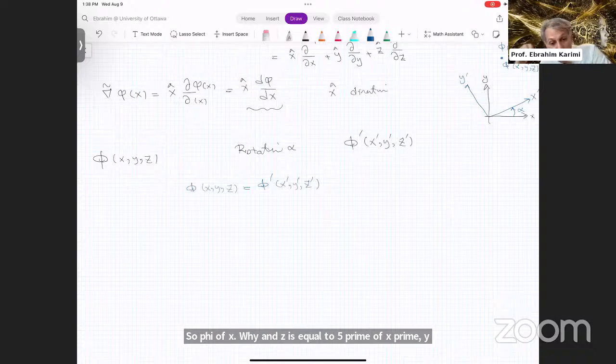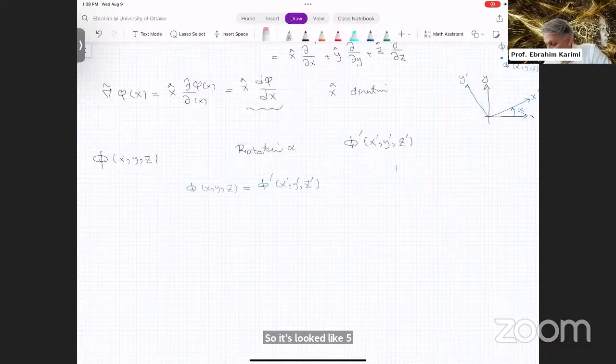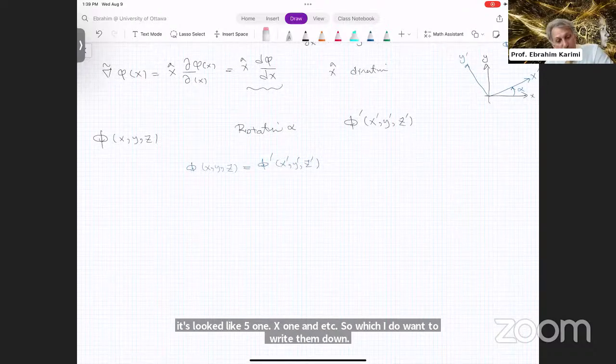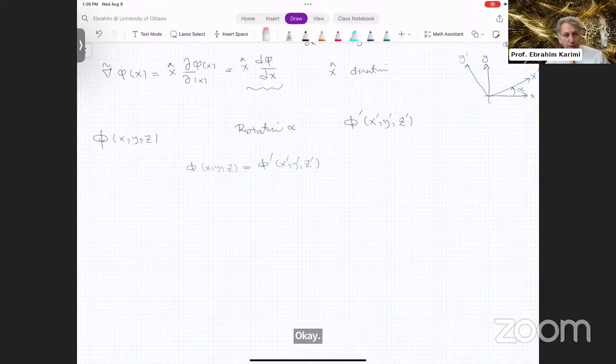Remember, in this course I am not using the prime for the derivative. Prime is just a sign for me, like the number one. So it looks like phi 1, x1, and so on, which I don't want to write down, okay? So that is a scalar quantity which is not changed upon the rotation.